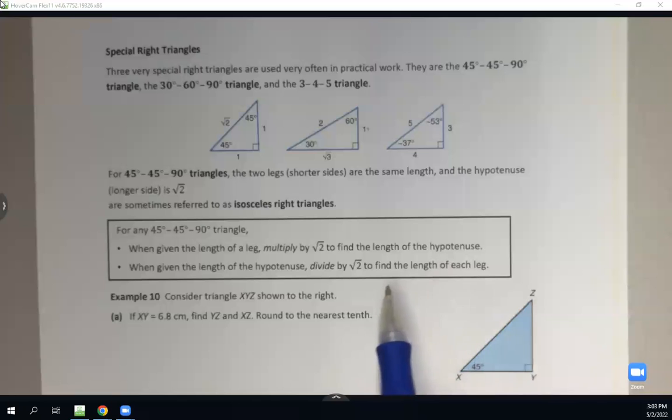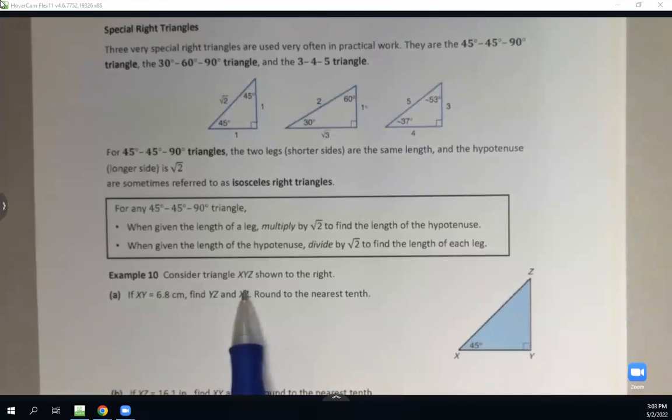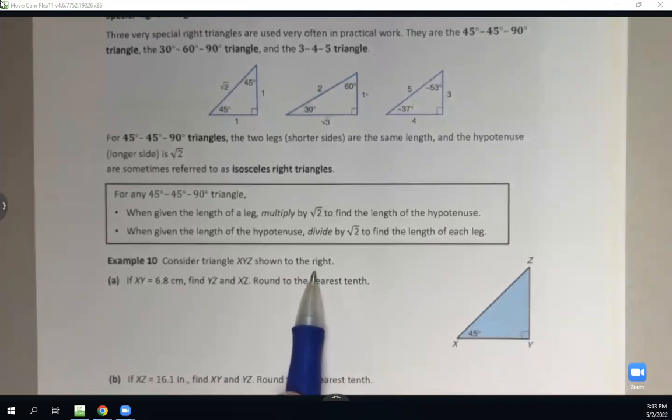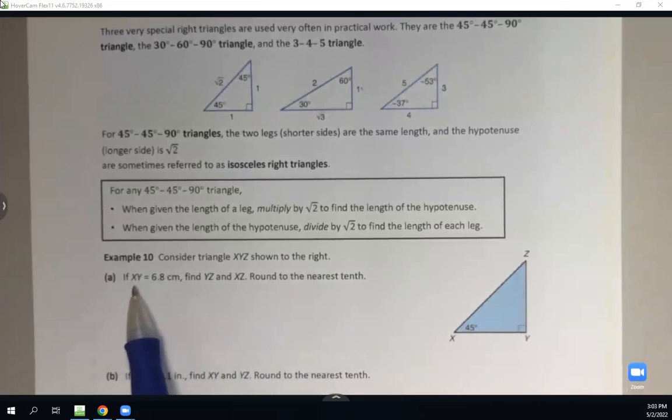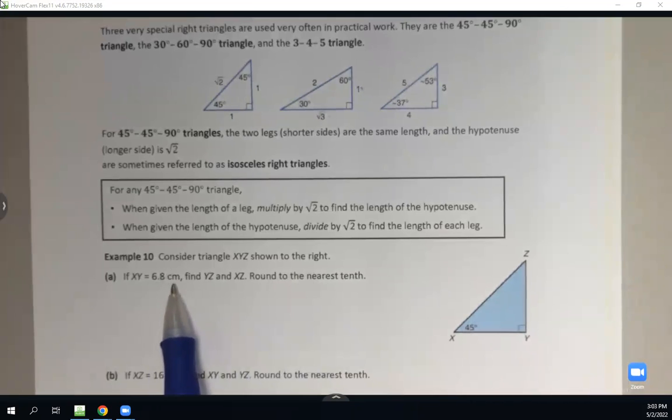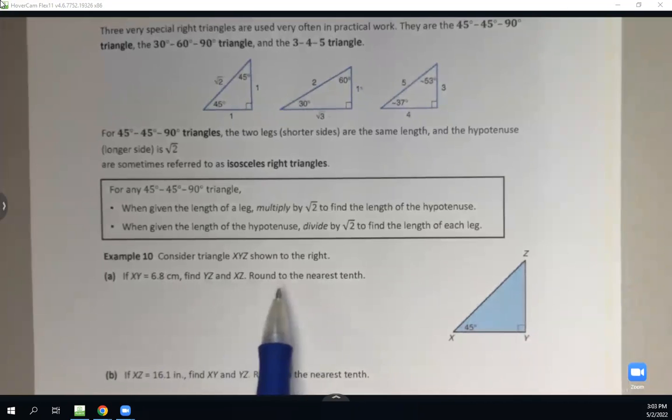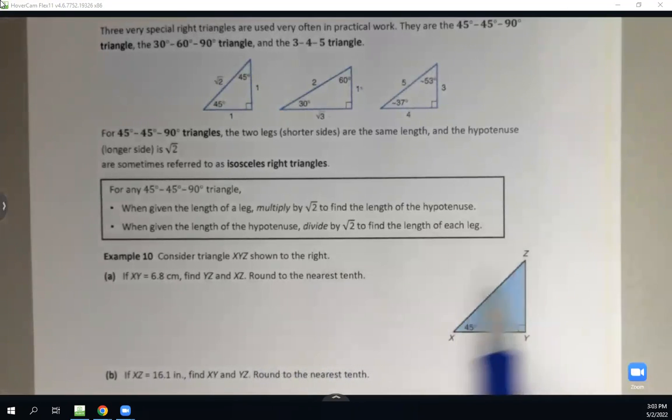Okay. So consider the triangle XYZ shown to the right. If XY is 6.8 centimeters, find YZ and XZ, rounding to the nearest tenth. If XZ is 16.1 inches, find XY and YZ.